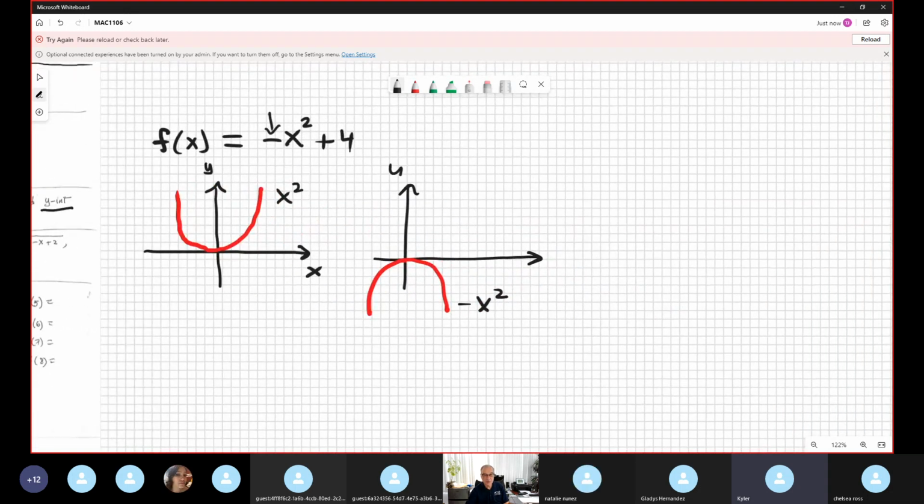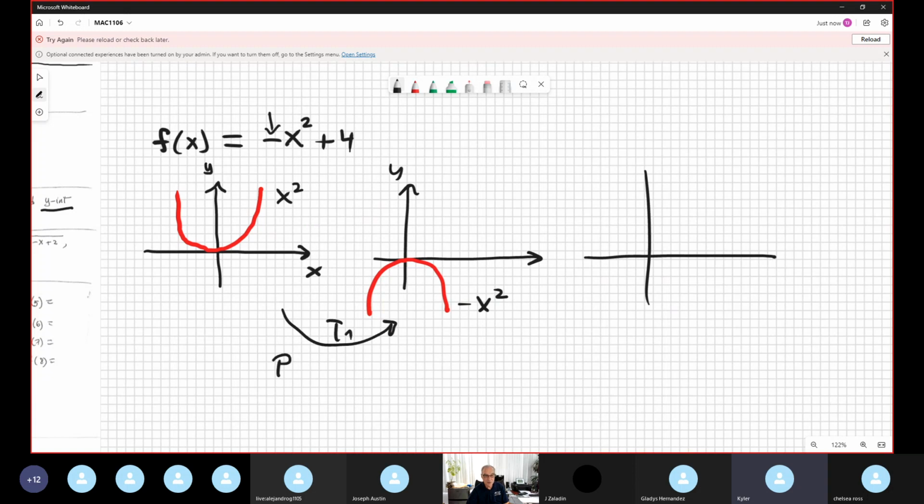This is the y-axis. Now my new graph after the two transformations. This is transformation 1, by the way, this was a reflection about the x-axis.